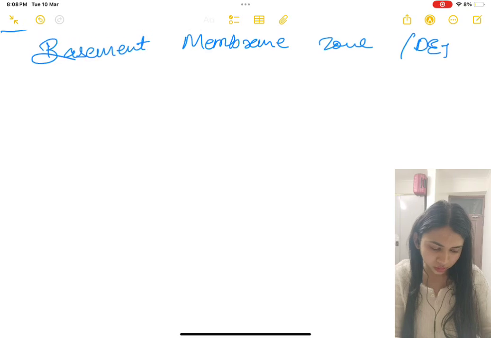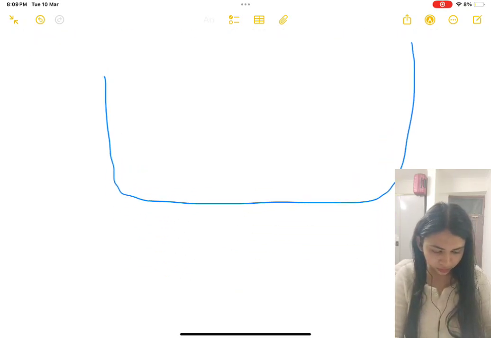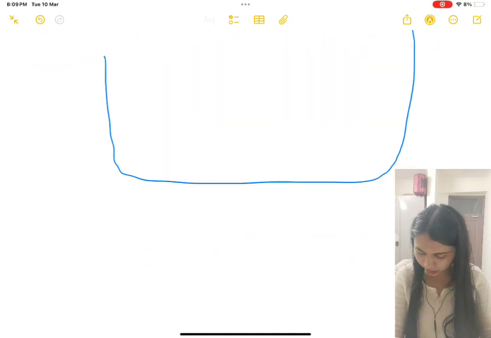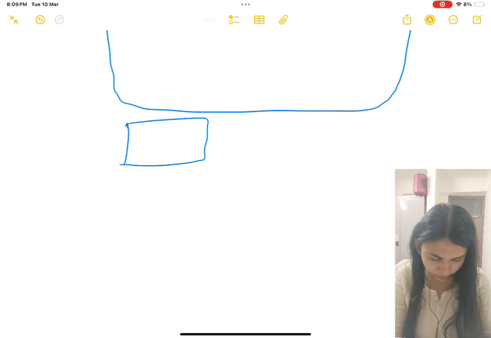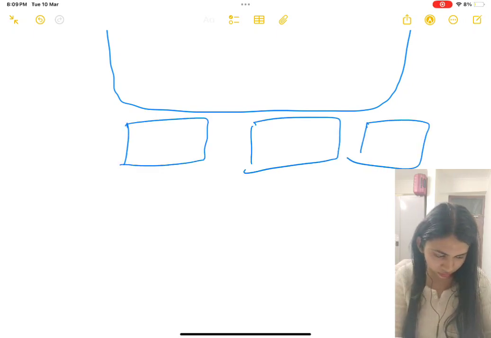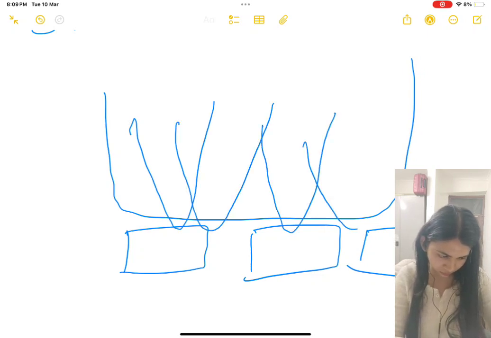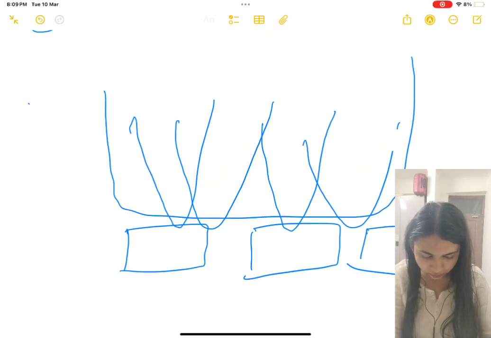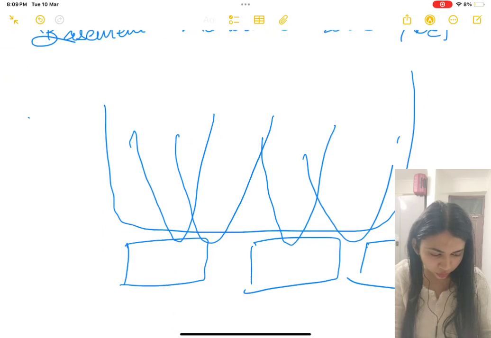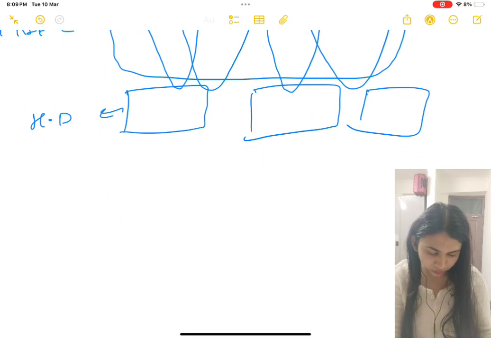Now, let's see, if this is your stratum basale, in stratum basale, you have your keratin intermediate filaments, and then here are your hemidesmosomes like this. So firstly we will name the components of dermoepidermal junction or basement membrane zone.